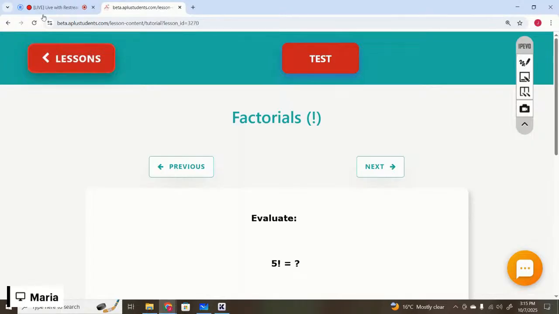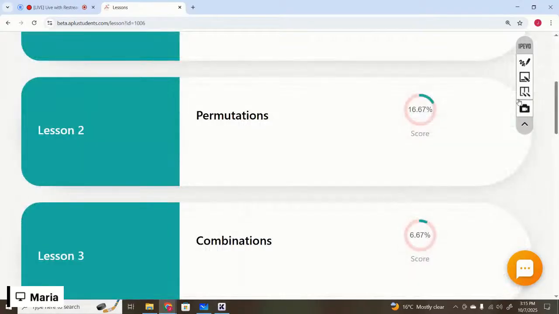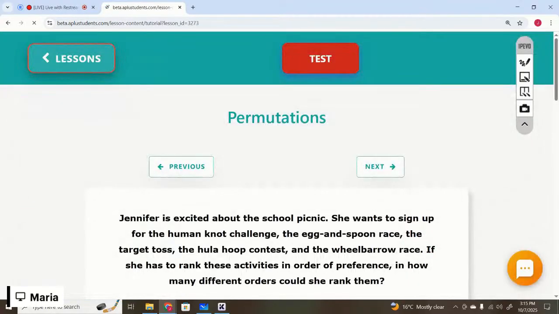The next lesson is permutations. Let's just start with the lesson. Okay, so let's look at the example.